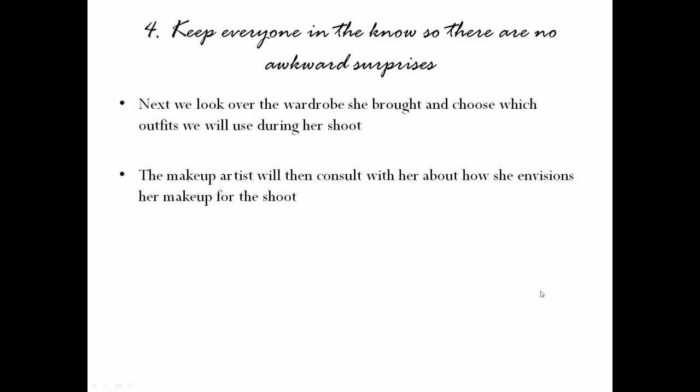I usually suggest to bring at least three outfits, and if they bring more, it's great. A lot of times we'll plan on shooting in three, maybe four, depending on how the shoot goes and how much time they want to spend shooting. I'm pretty flexible on that.